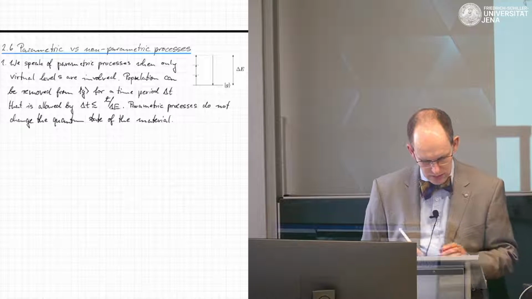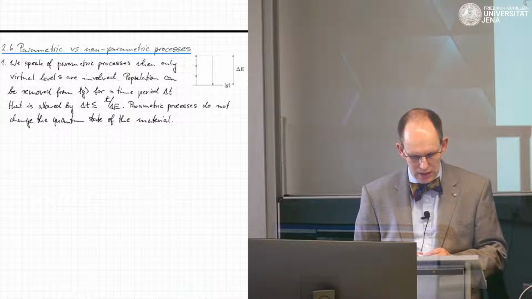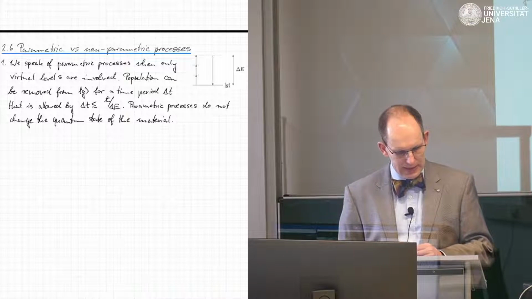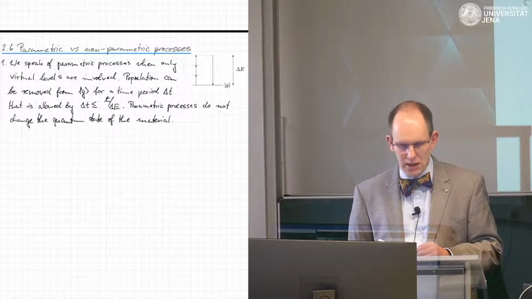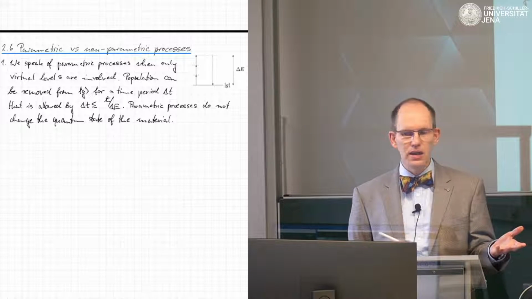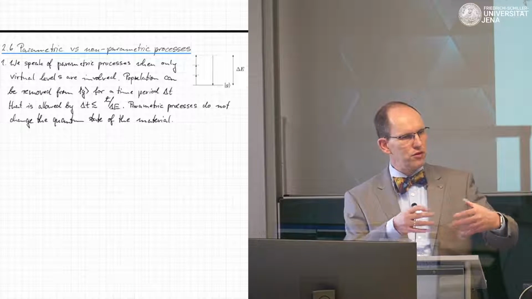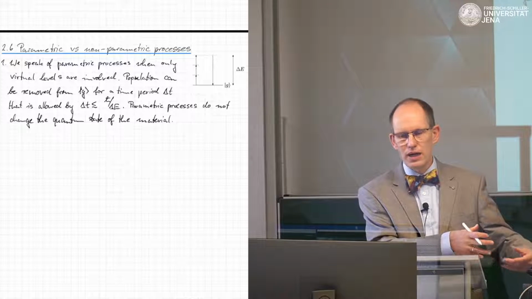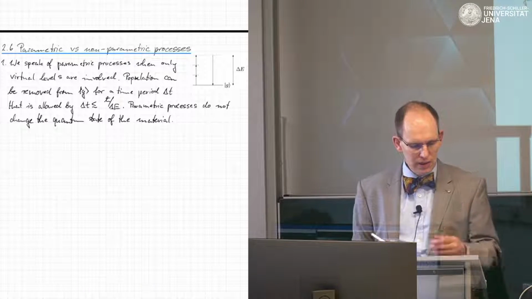In contrast to this, we have, of course, non-parametric processes, and there the quantum state is changed. So what it means typically is that photons are absorbed. Maybe photons of one color are absorbed and photons of other colors are emitted. We'll come to that.